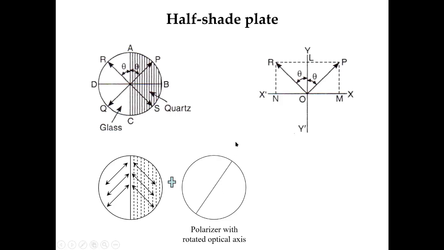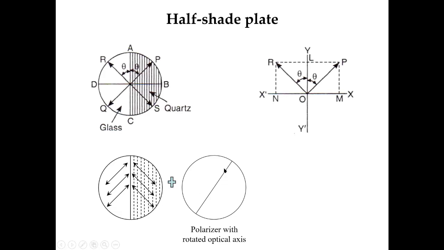Now, if the polarizer is rotated clockwise by some angle, then this component will make a smaller angle with the optic axis, while this component will make a higher angle with the optic axis of the polarizer.